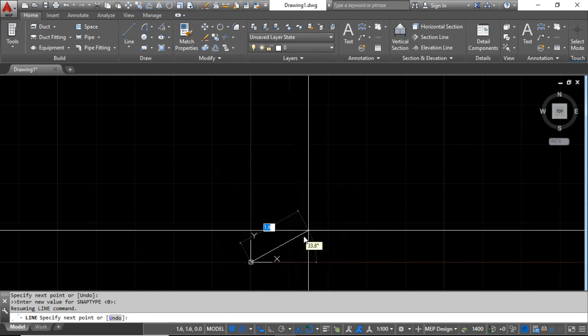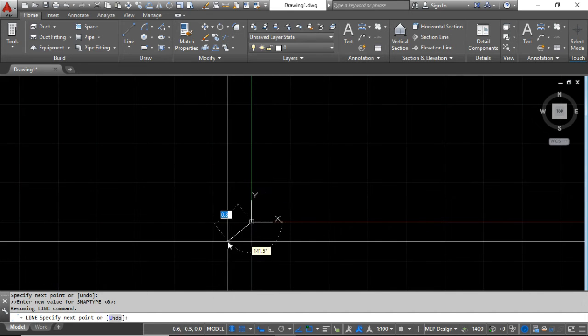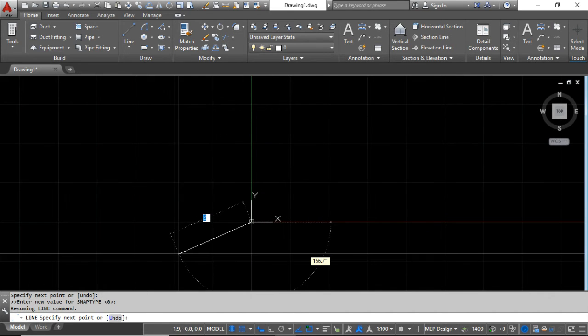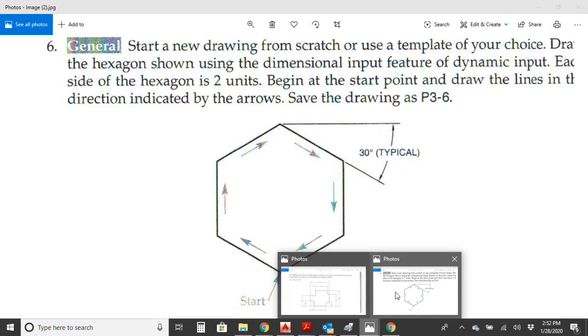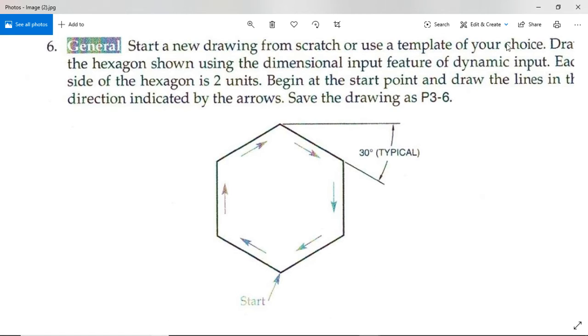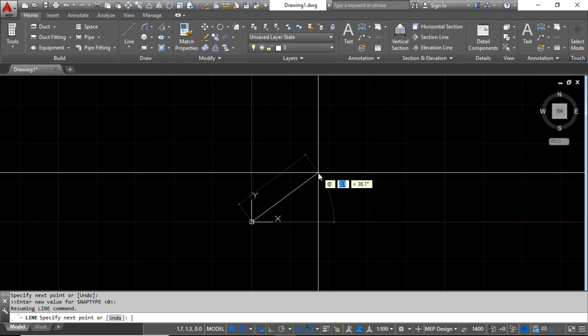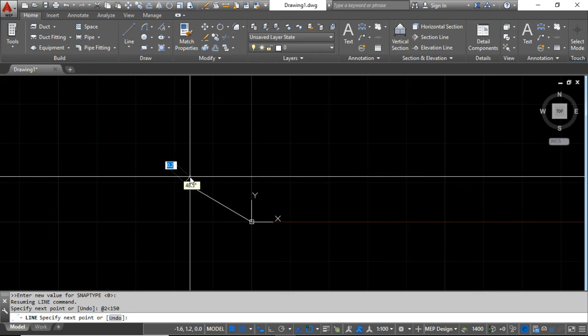There we go. So I can go anywhere. I am going to go 2 units at an angle of 150. So I'm going to type at 2 angle 150. And it puts me there.